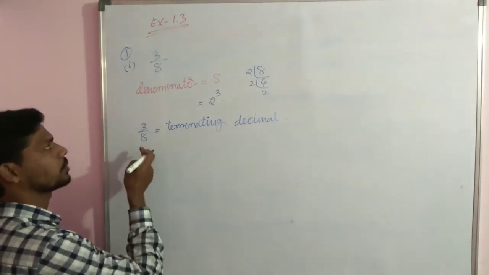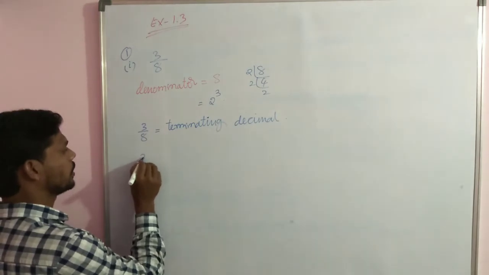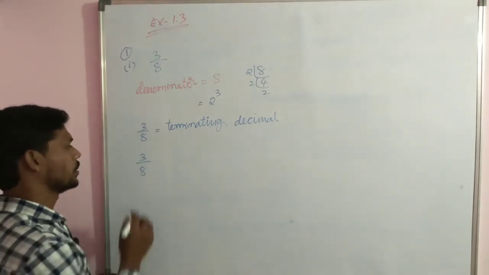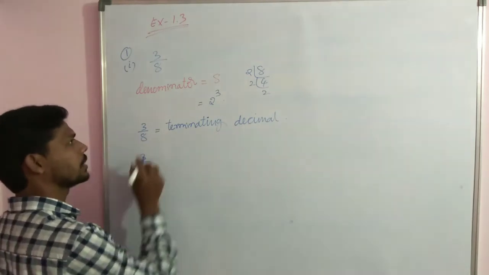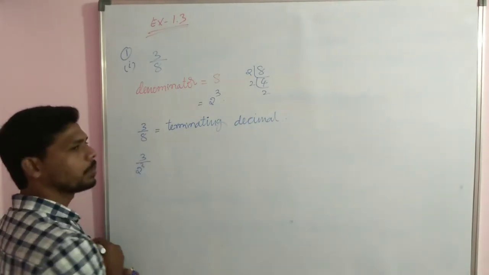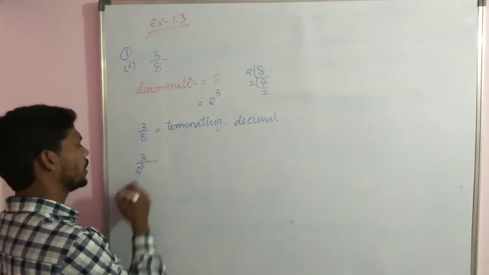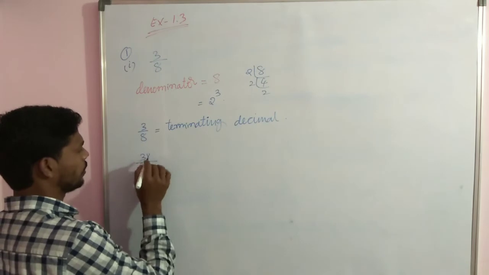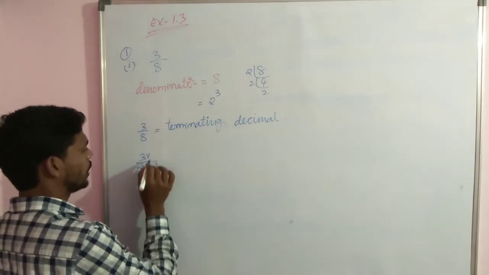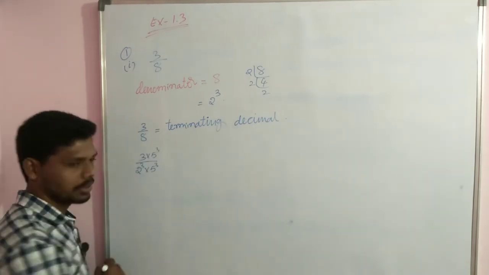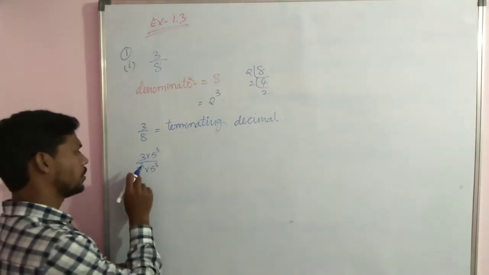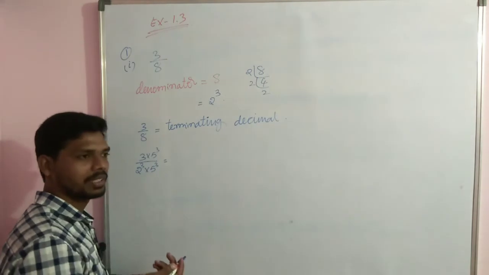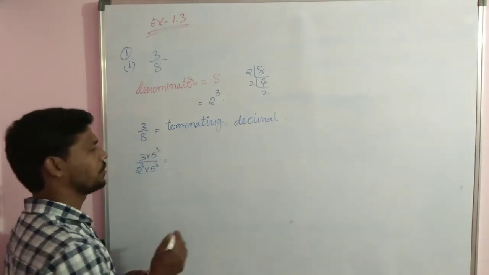This is a fraction, 3 by 8. Here 8 we have written as 2 power 3. So to make the denominator 10, we multiply both the numerator and the denominator with 5 cube, since 2 5s are 10. 5 cube is 5 5s are 25, 25 5s are 125.